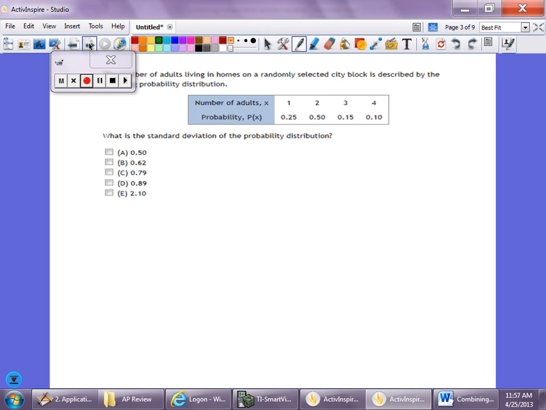So number of adults in L1, probabilities in L2, you're going to run one variable statistics, so stat calc 1. And if you haven't put your data into L1 and L2, you'll need to tell it where you did. If you put it into L1 and L2, then you can just do stat calc and it will automatically base it off of L1 and L2. And that will give you your standard deviation.